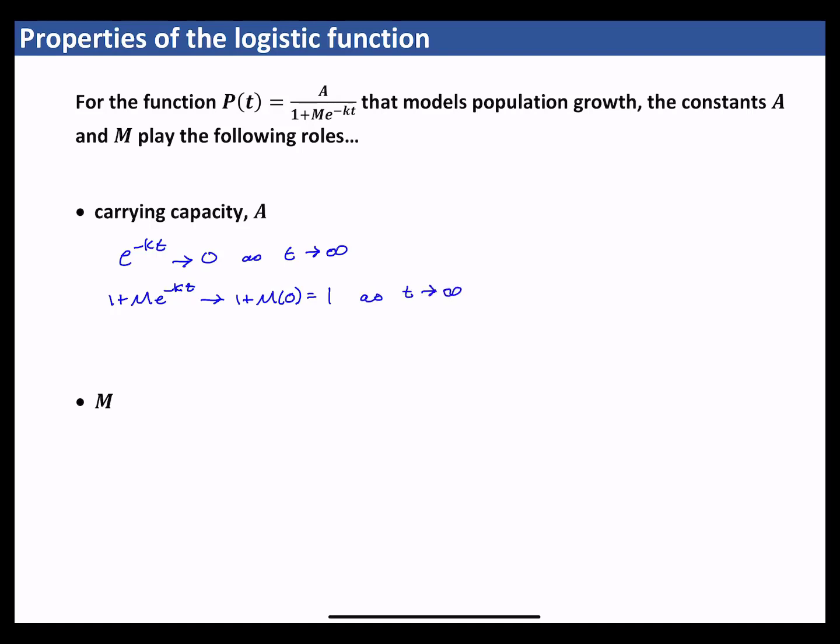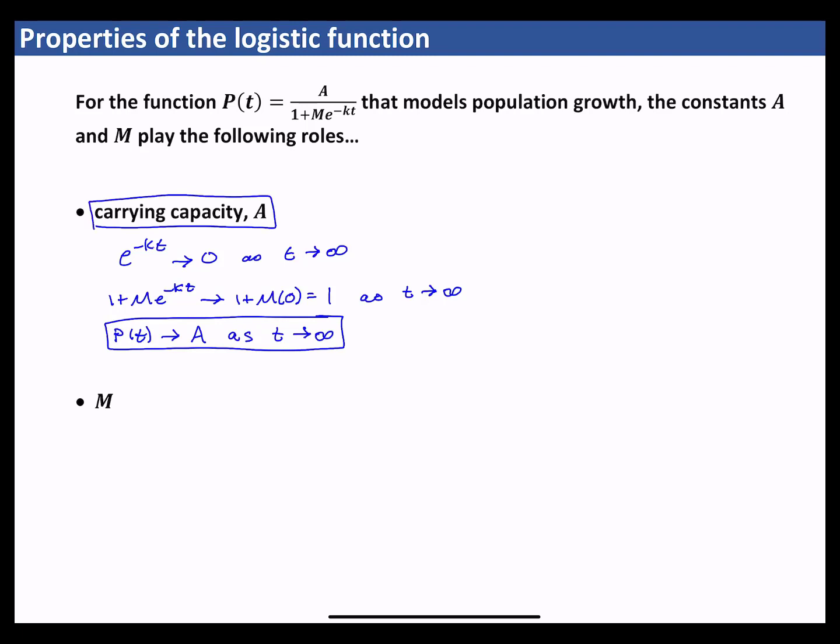So in other words, the denominator of p is approaching 1 as time goes on. And so we can say that p(t) tends to a divided by 1, which is just a. So p(t) tends to a as t increases without bound. And that's why we can refer to a as the carrying capacity of the population.